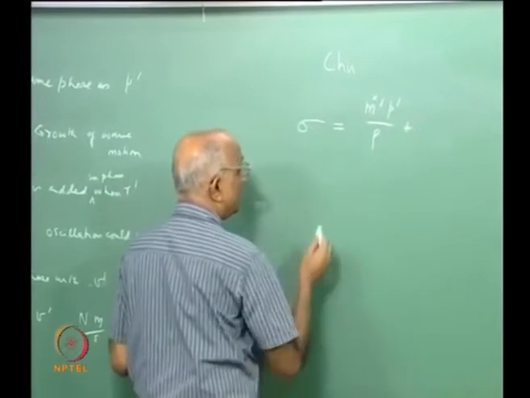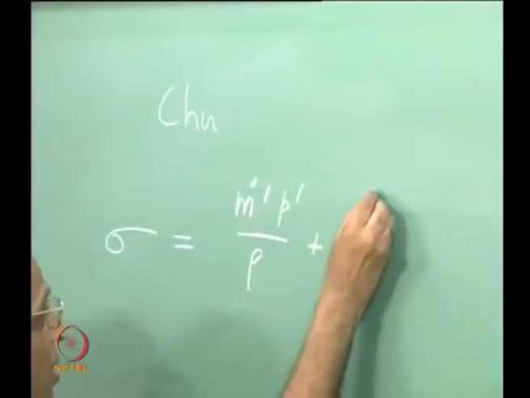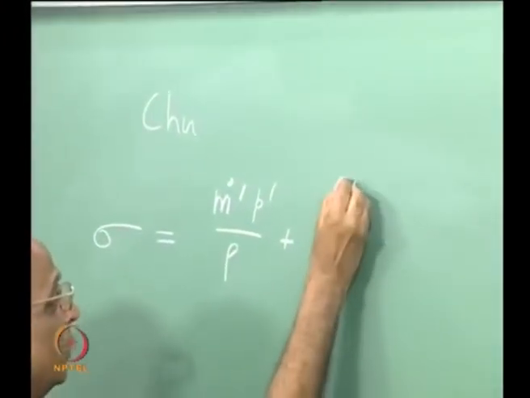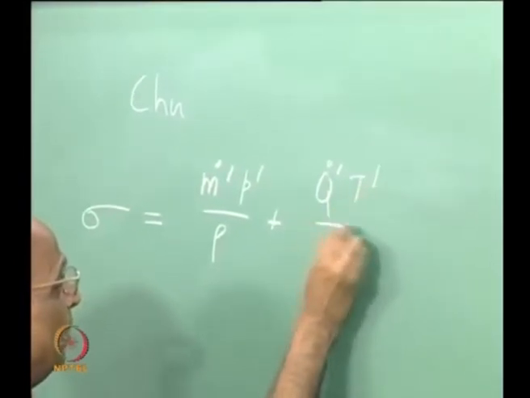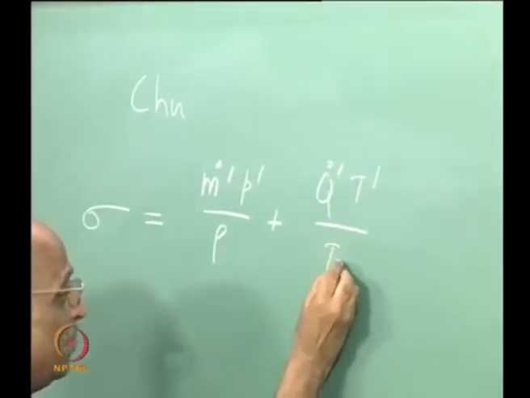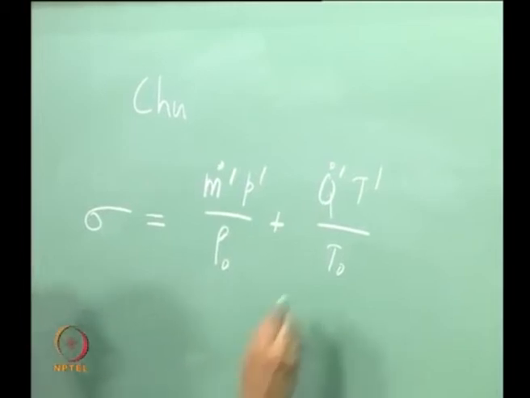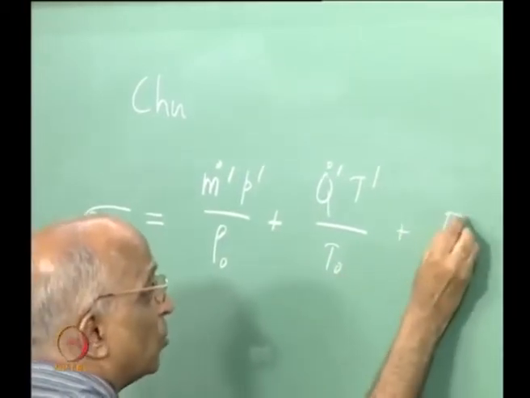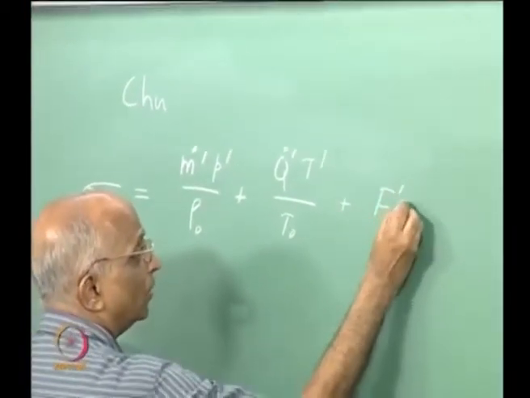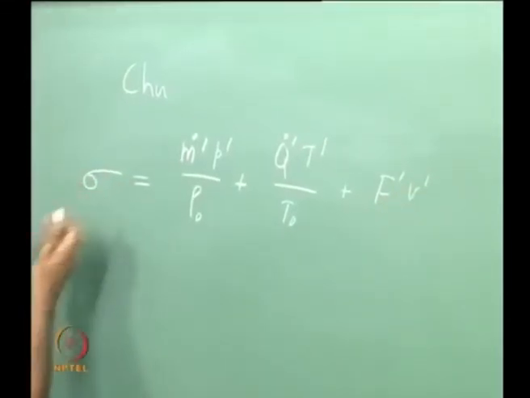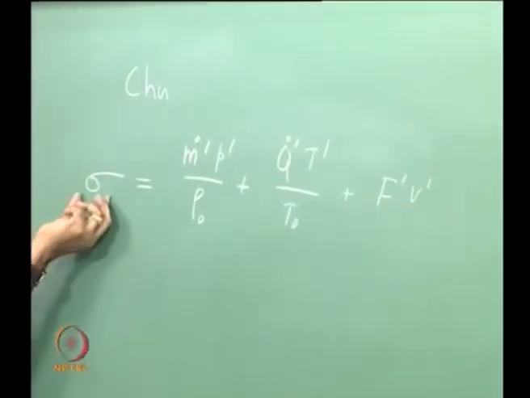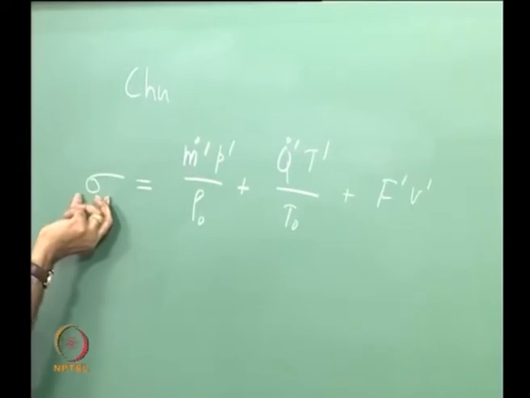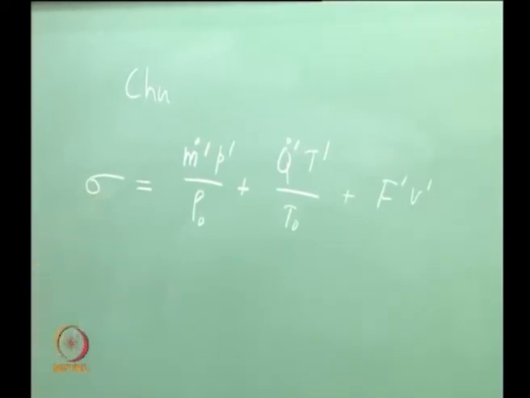This is a mass release exciting the pressure oscillations, maybe q dot prime into T prime divided by, let us say, the mean temperature, plus you have force prime into the velocity prime, which is the parameter which puts power or energy into the wave motion and causes the wave to grow.